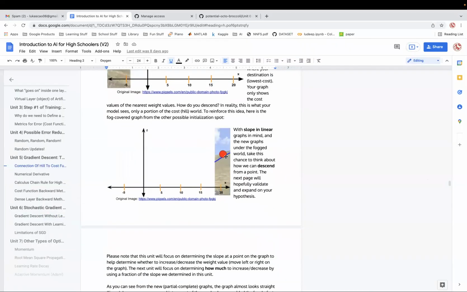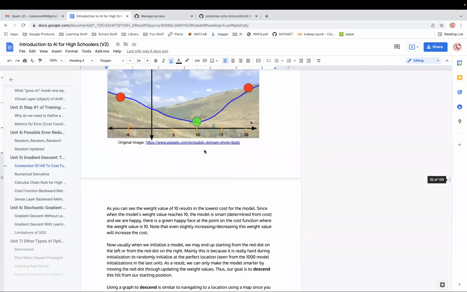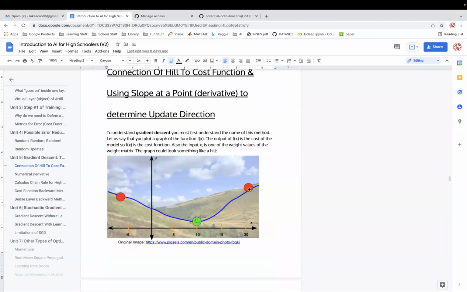But then we need to figure out how much to increase or decrease the parameter. Because let's say you're starting from the right dot and you decrease too much, then your new cost value might actually be bigger than your starting cost value. So we use learning rate to figure out how much to update. We can already figure out the direction to update, but we don't know how much to increase or decrease. Does that make sense?